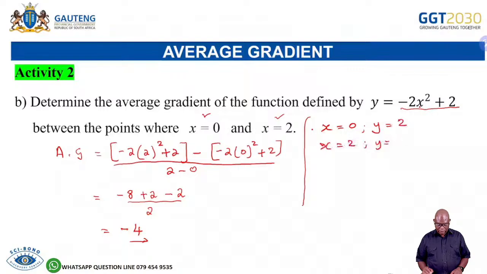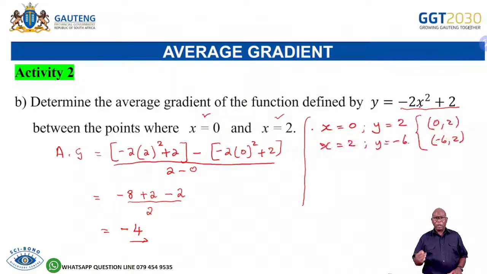Your y will be -6. Then from there you have got coordinates, so your coordinates are 0 and 2, and the other coordinate is 2 and -6. Then you get the gradient of the line by using y2 minus y1 over x2 minus x1. It's still the same thing, but in this case we're just doing this so that I then explain how we get the first principle.